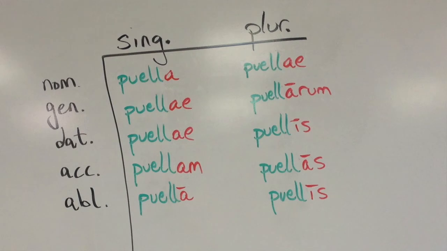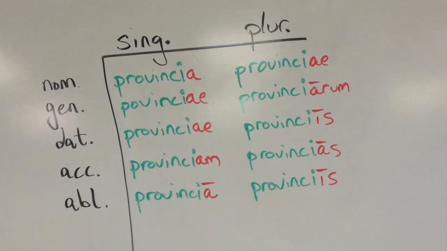Puella would decline as puella, puellae, puellae, puellam, puella, puellae, puellarum, puellis, puellas, puellis. Provincia would decline provincia, provinciae, provinciae, provinciam, provincia, provinciae, provinciarum, provinciis. Notice how we have one I from the stem and one I from the ending, which we have attached.